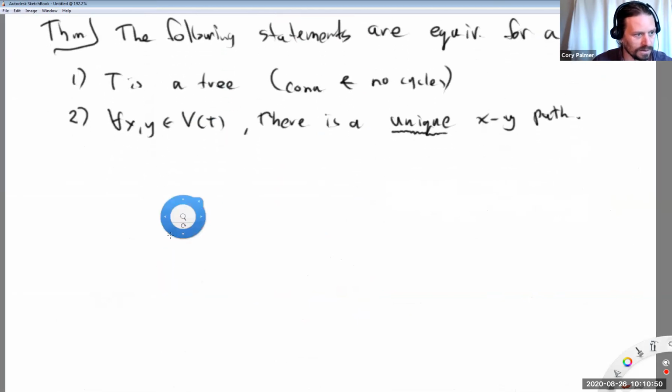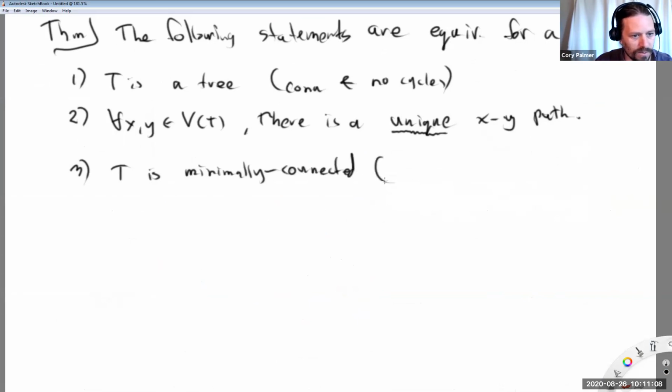So let's continue to list these. 3 is that T, I said this already, is minimally connected. What does minimally connected mean? It means that if I remove any edge, the graph immediately becomes disconnected.